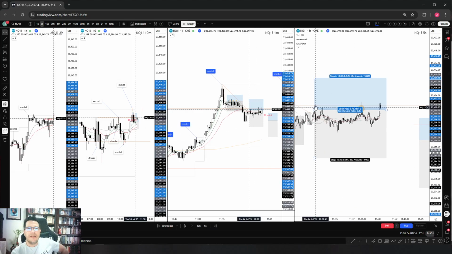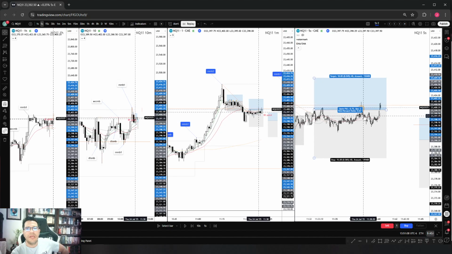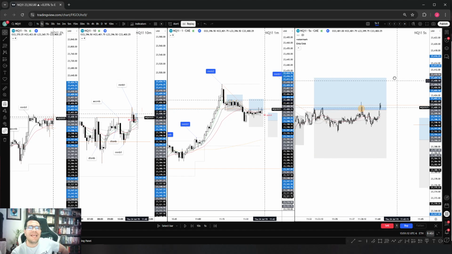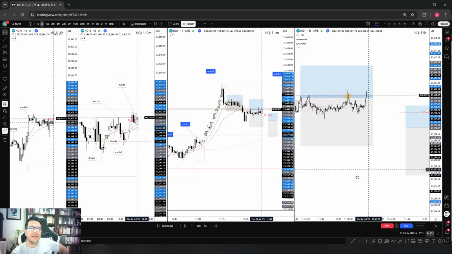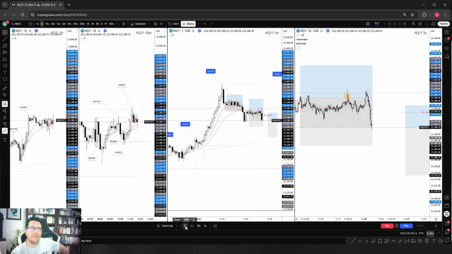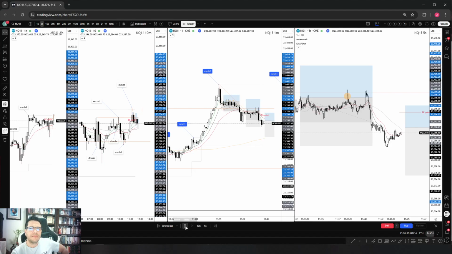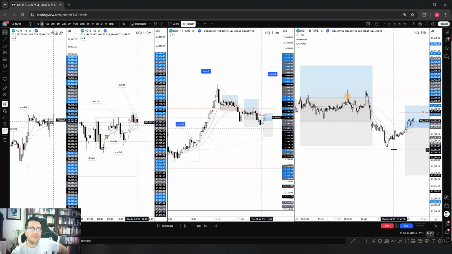Okay, again, the entry was not okay, the setup was not there. I took the trade. I did not break even here when I had the chance, and I let this trade run. And as you can see there, it just went down big for a big drawdown.